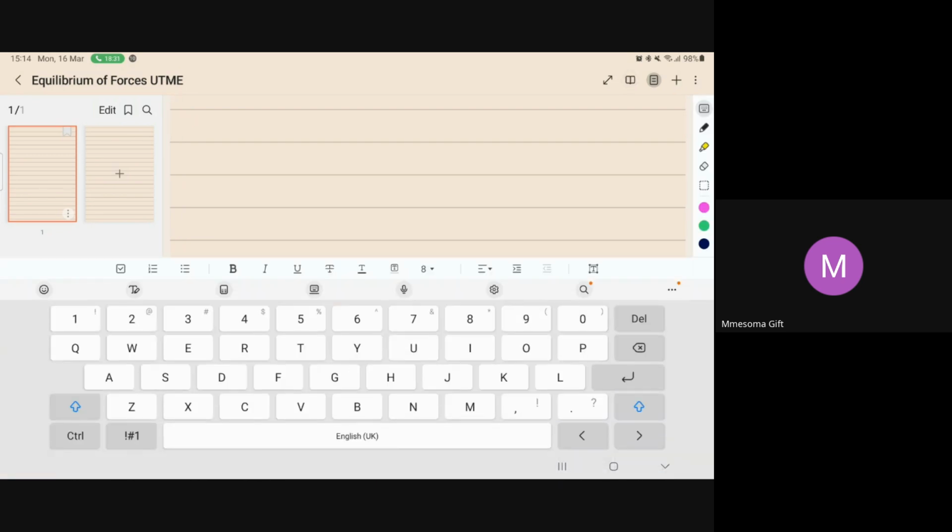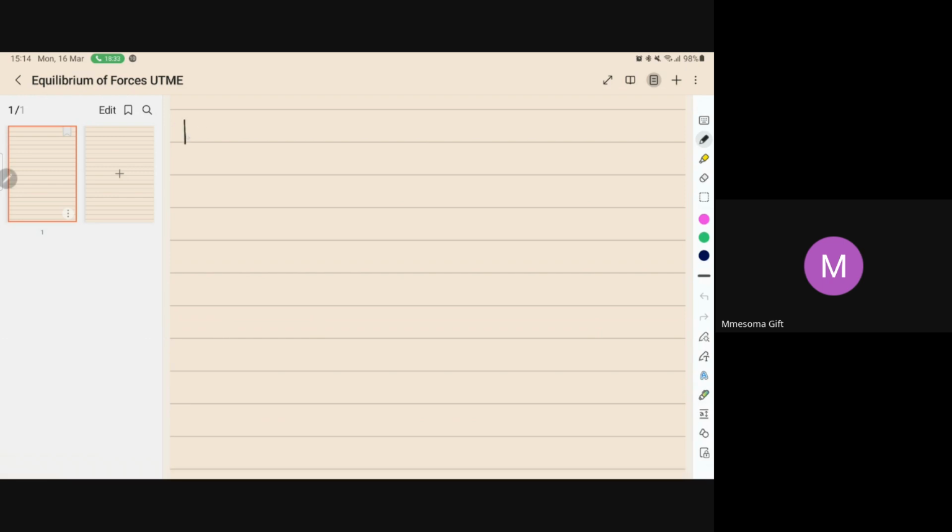All right. So in today's class, we're looking at equilibrium of forces, and we're paying attention to moments of forces. What is moment? After moment, we'll look at the principle of moment, but I don't think we need that. We'll probably just go straight to moment of force.